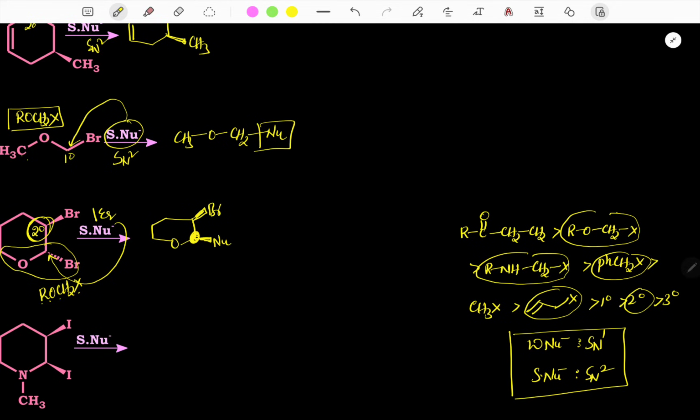Similarly, next one also, this is simply a secondary halide, but if you see the structure, it is similar to RNHCH2X. Again, this is more reactive than a simple secondary halide. So the nucleophile attacks, the leaving group will leave, and finally the corresponding product like this.